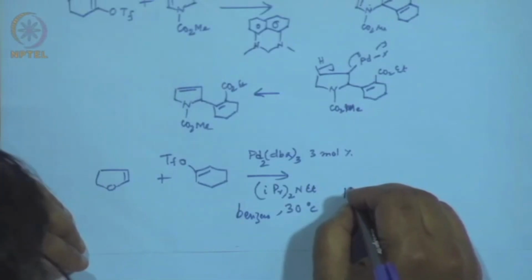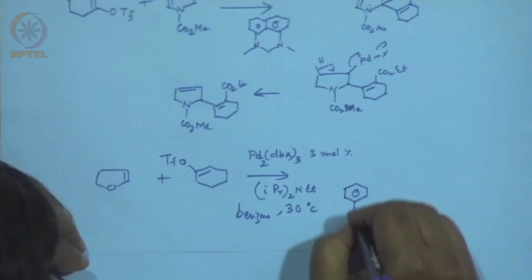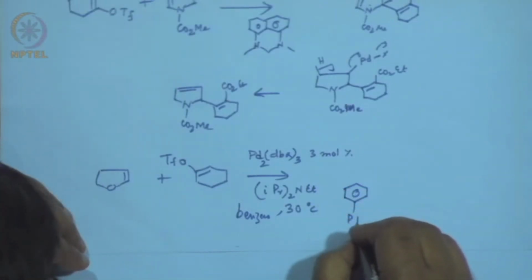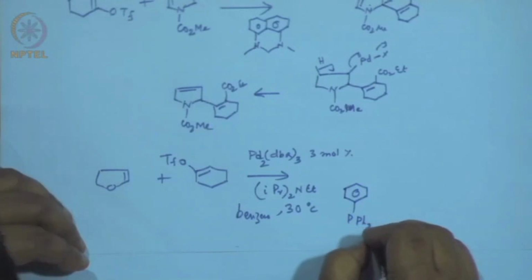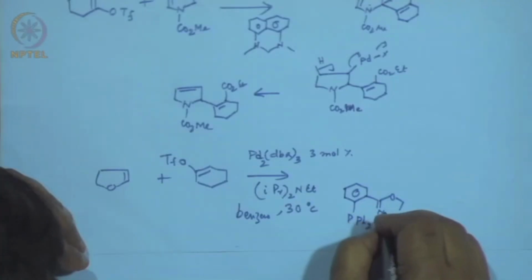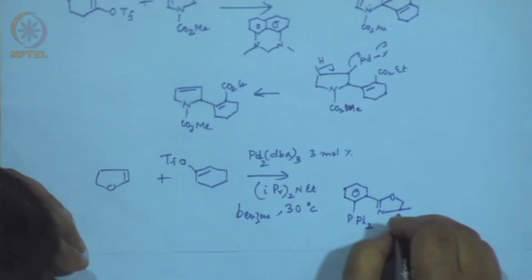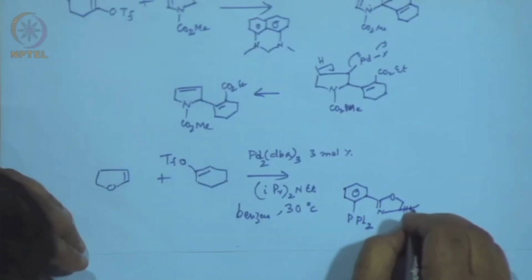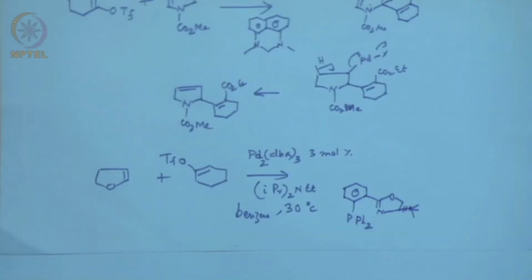So, the phosphorus ligand in this case is a diphenylphosphinobenzene kind of molecule, and it is also in a heterocycle, it is a chiral heterocycle, it comes as an oxazoline heterocycle. This is for introducing the chiral center.